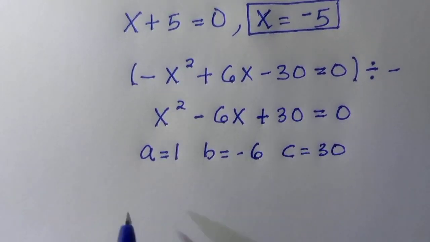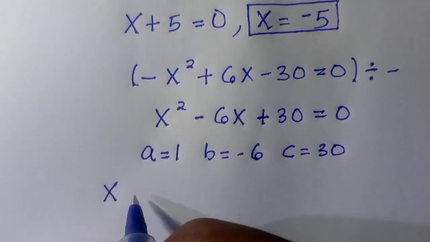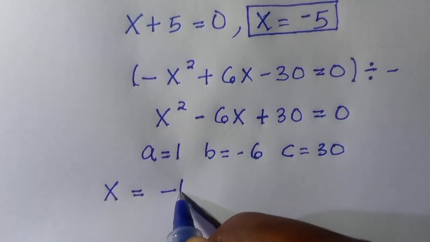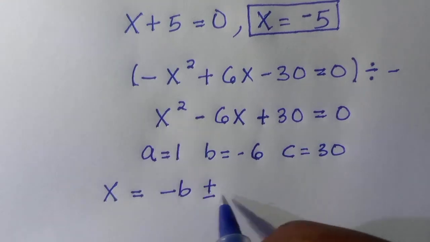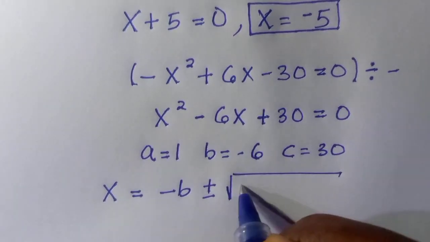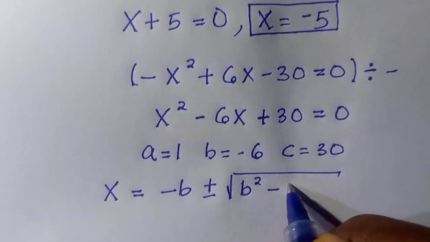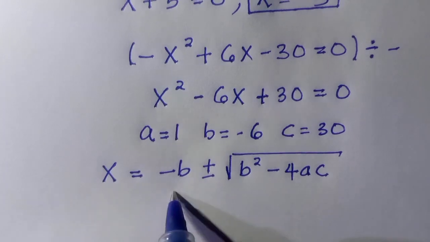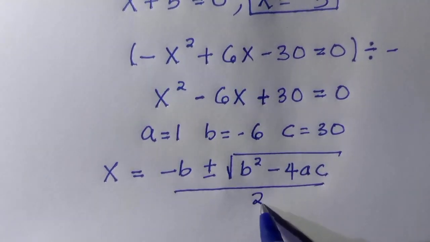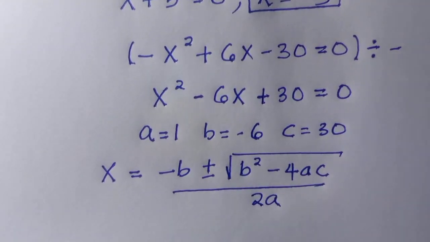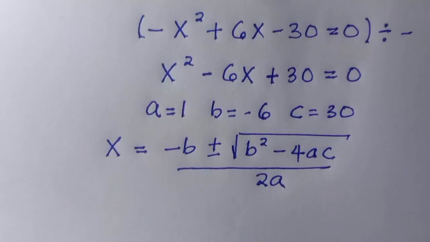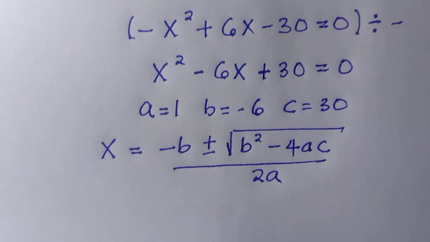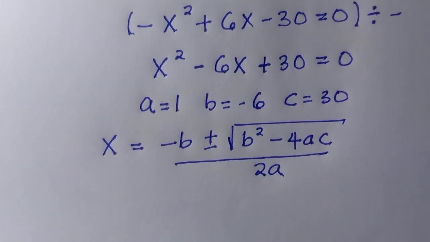Having this expression, we try to substitute it in this formula, which is x equals minus b plus or minus square root of b squared minus 4ac divided by 2a. Here is what we are going to apply so that we get the value of x when we substitute.